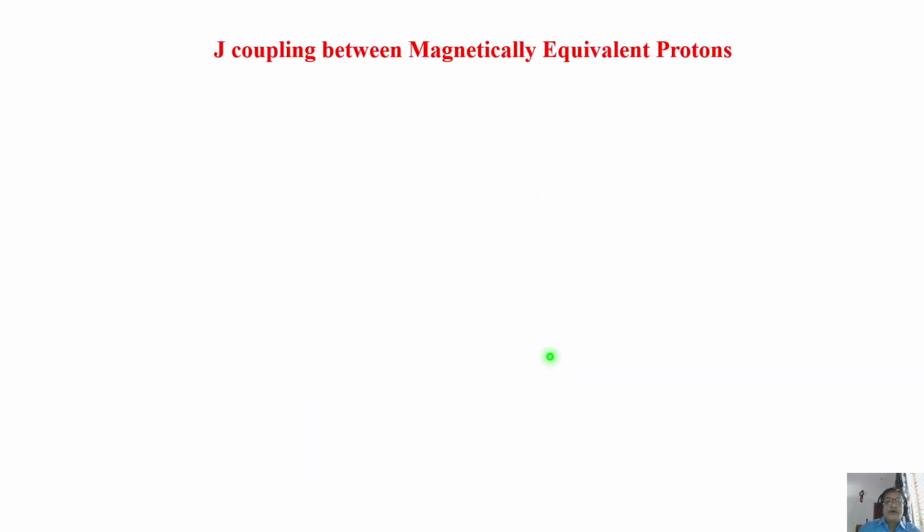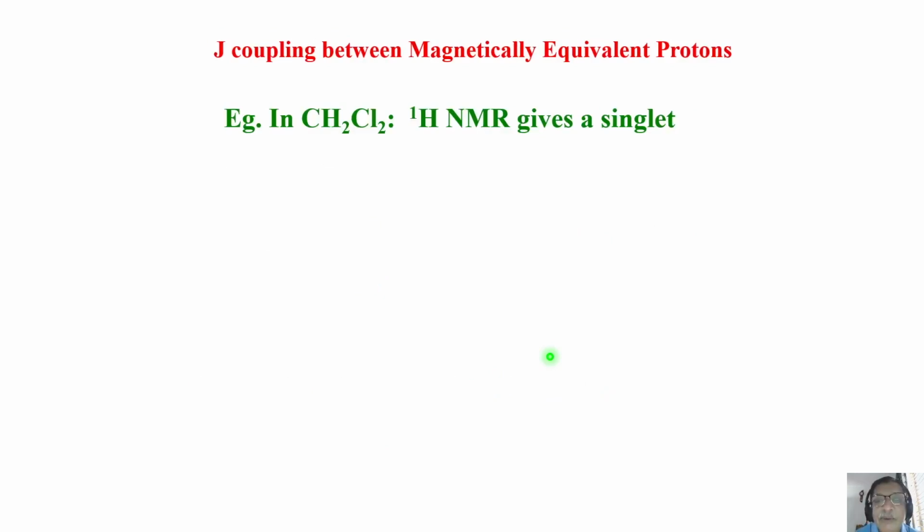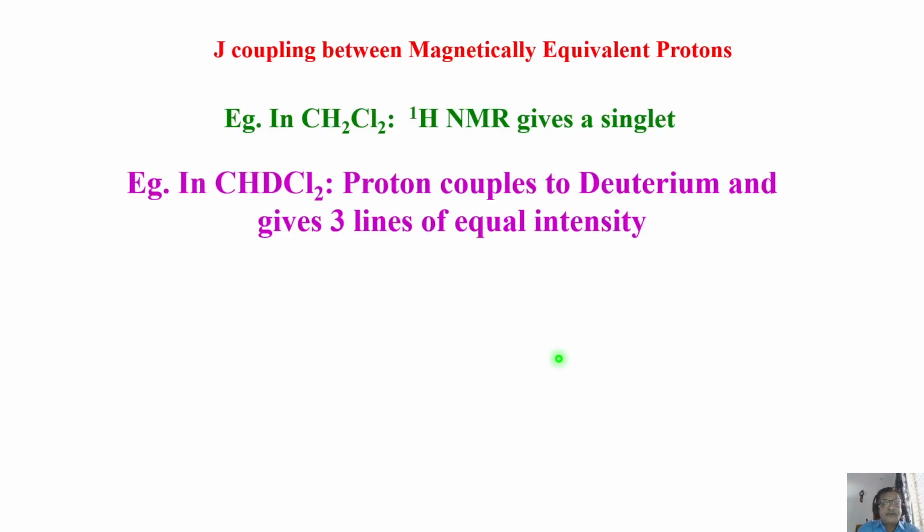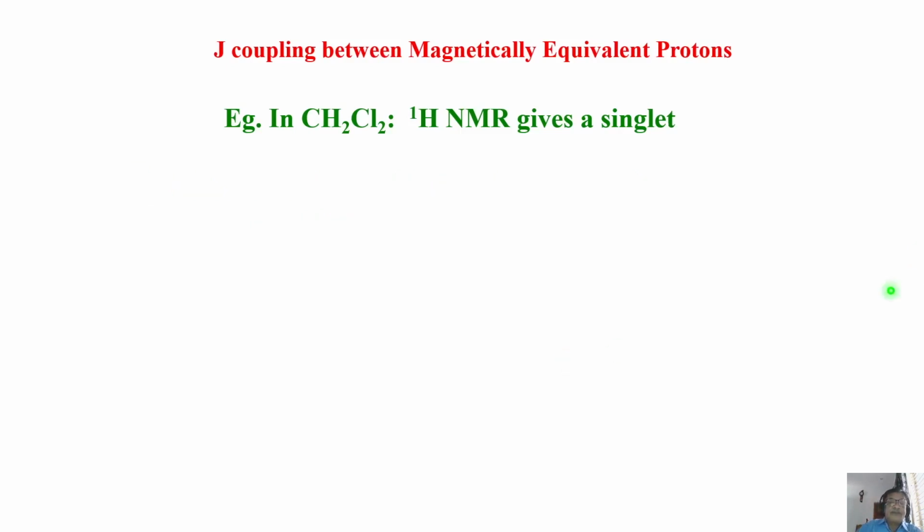Okay, now we will see how to get the J coupling between magnetically equivalent nuclei in another simple example like this. This is CH2Cl2. Of course, I can bring in carbon-13 here and look for the carbon-13 NMR.